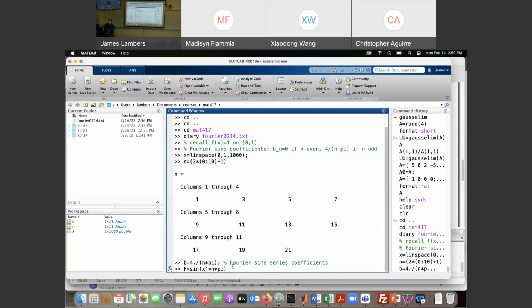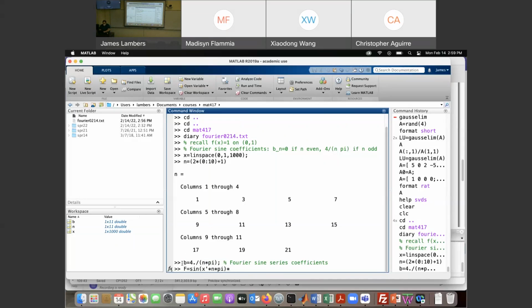The first column will be sine pi x. Second column, sine 3 pi x, and sine 5 pi x, and so on. But now I want to multiply them by these coefficients and add them all up. The easiest way to do that in MATLAB is a matrix vector multiplication.